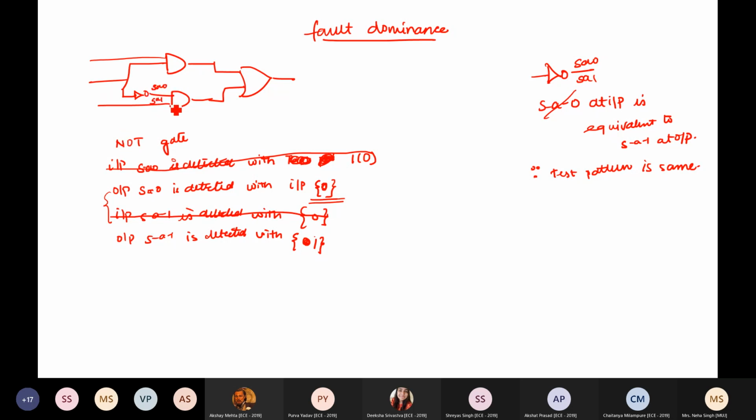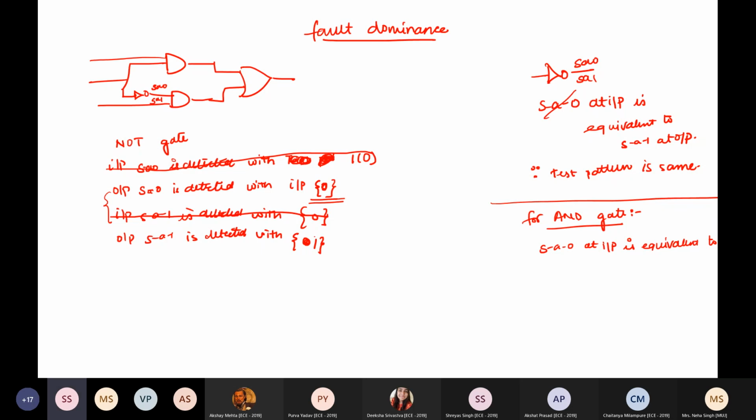Similarly for the AND gate, first check for equivalence. For the AND gate, stuck at 0 at input is equivalent to stuck at 0 at output. Let me check what is in the notes.